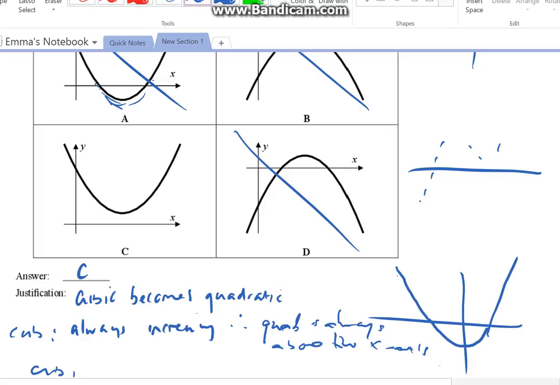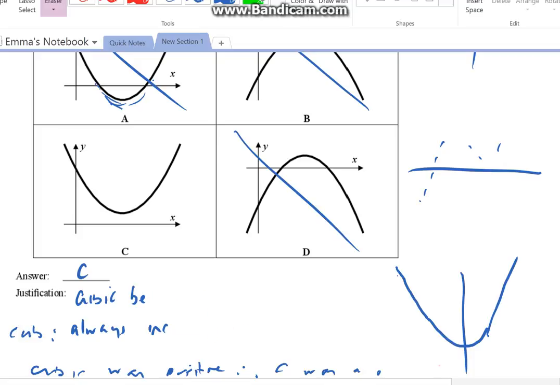The cubic graph was positive. Therefore C is the answer, as C was also positive. I know that's bad writing, but I hope you get the idea of it.